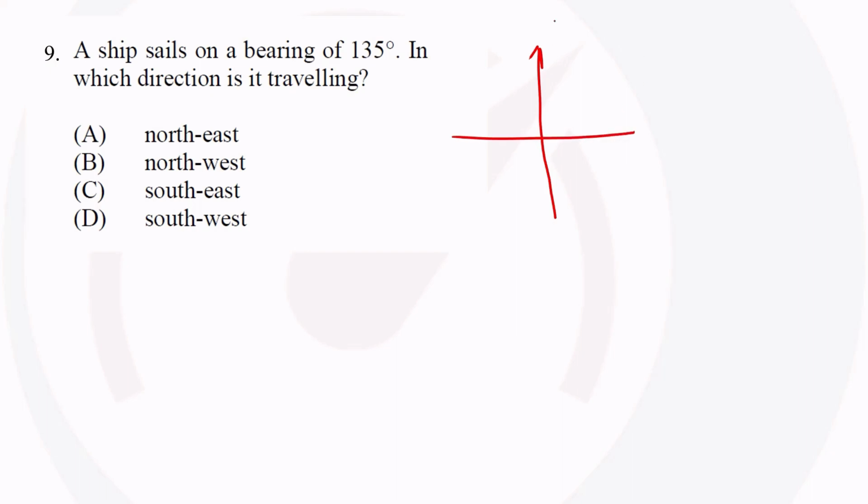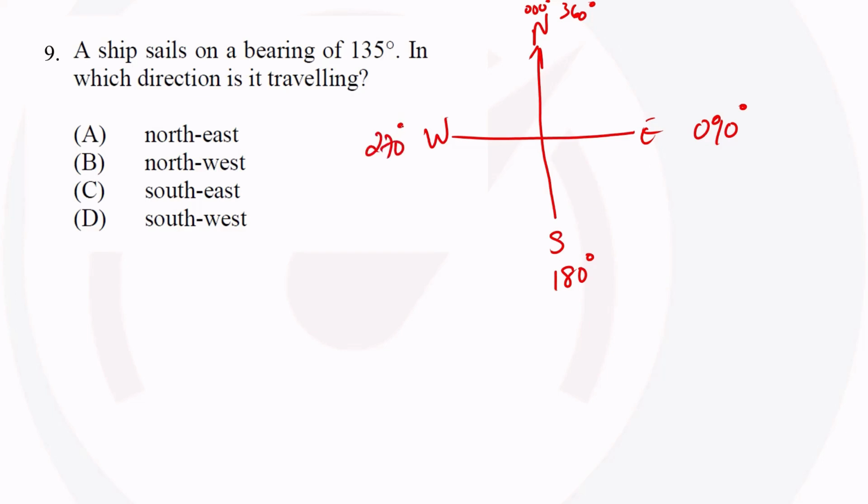So we have our north, south, east and west. We know that north is 000 and 360 degrees, because you start and come right around. We know our east is 090. We know south is 180 degrees.